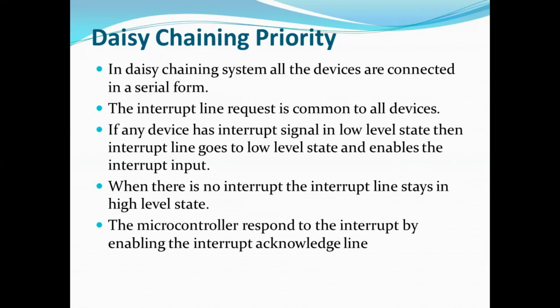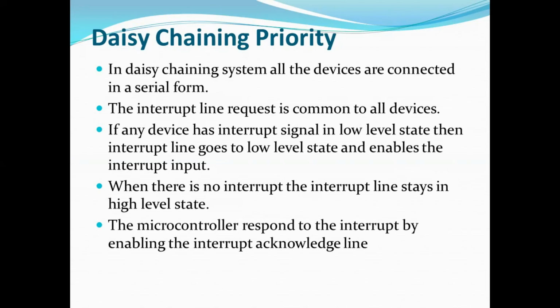The interrupt request line is common to all devices. If any device has an interrupt signal in low level state, then the interrupt line goes to low level state and enables the interrupt input in the microcontroller.